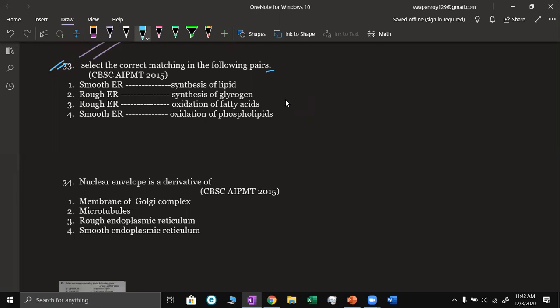Number 1. Yes, number 1, that smooth ER is with the synthesis of lipid.